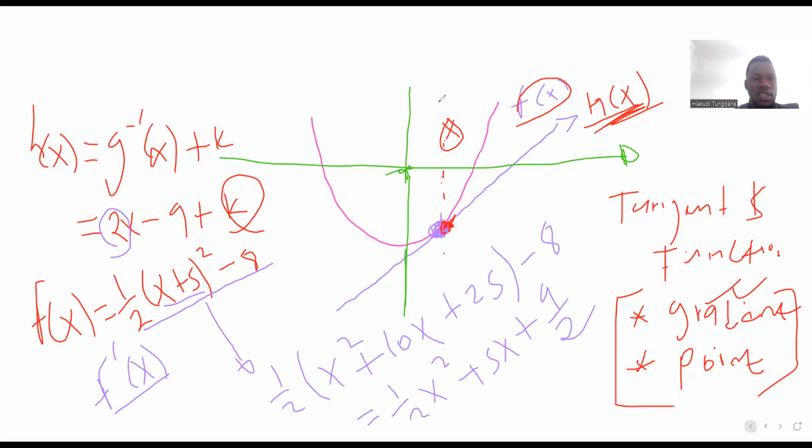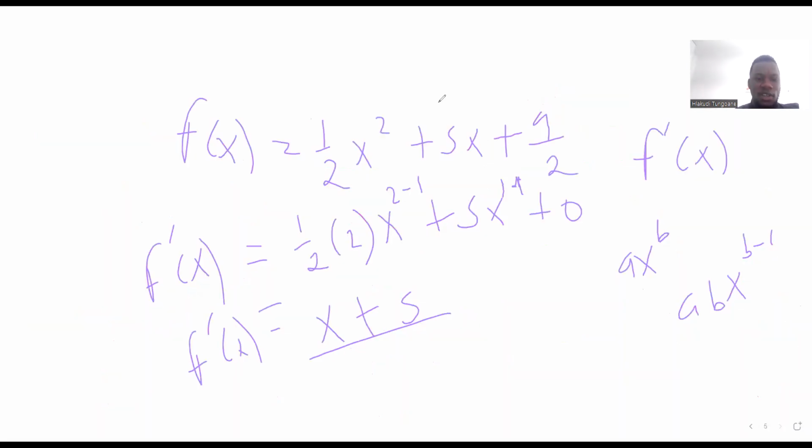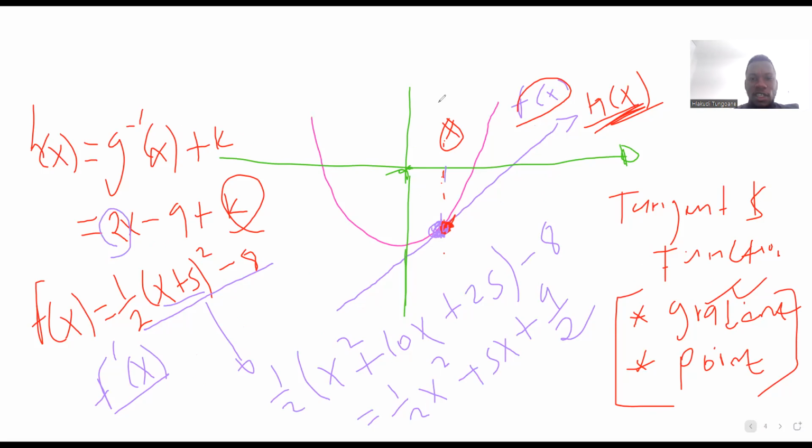Even though we don't know the intercept, we know the gradient is 2. So if we let the derivative of f of x equal 2, that is going to tell us the value of x that makes the gradient 2. Then we take that x coordinate and substitute it back into f of x to get the y coordinate.